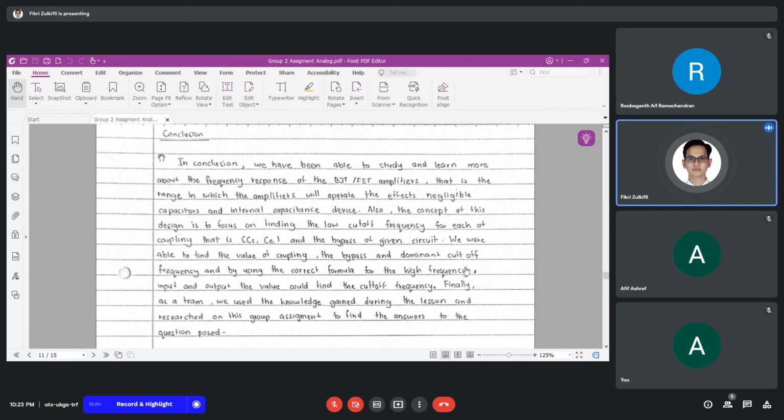Also, the concept of this design is to focus on finding the low cutoff frequency for each coupling, that is CS and CE, and the bypass of the given circuit. We were able to find the value of coupling and the bypass and the dominant cutoff frequency, and by using the correct formula for high frequency input and output, the value to find the cutoff frequency.